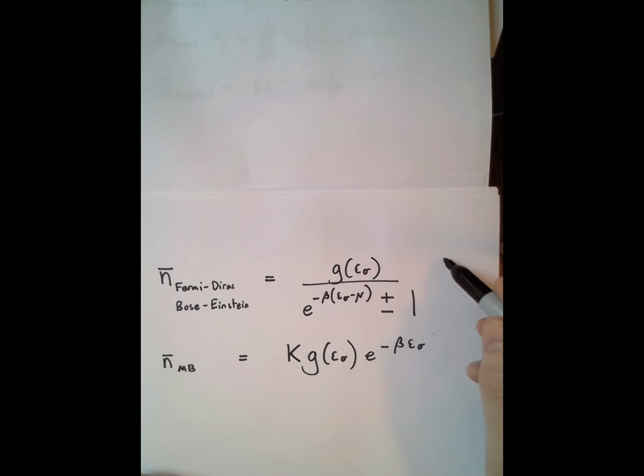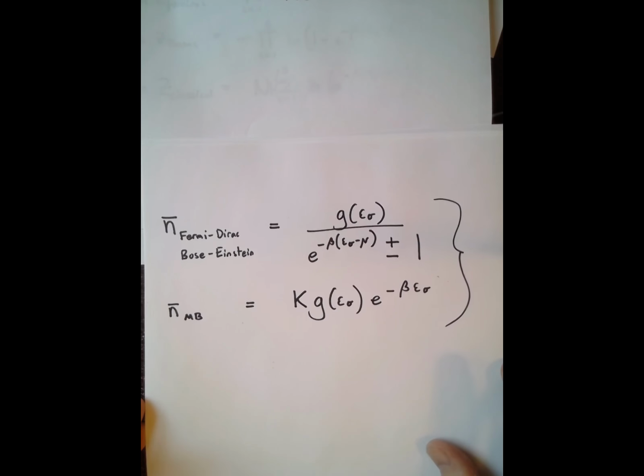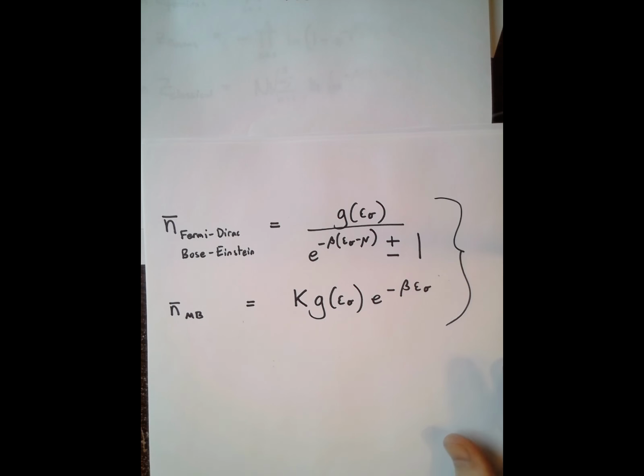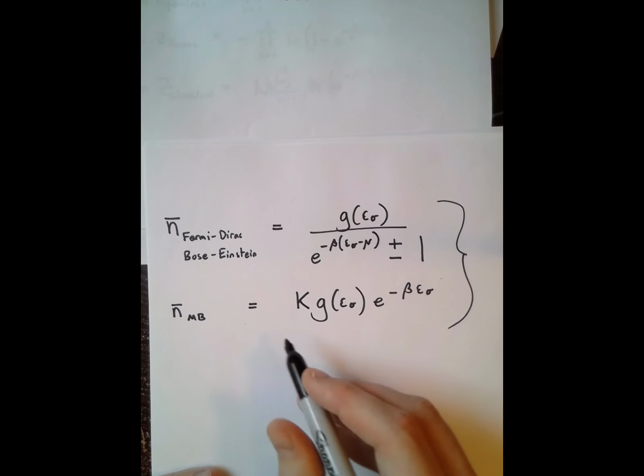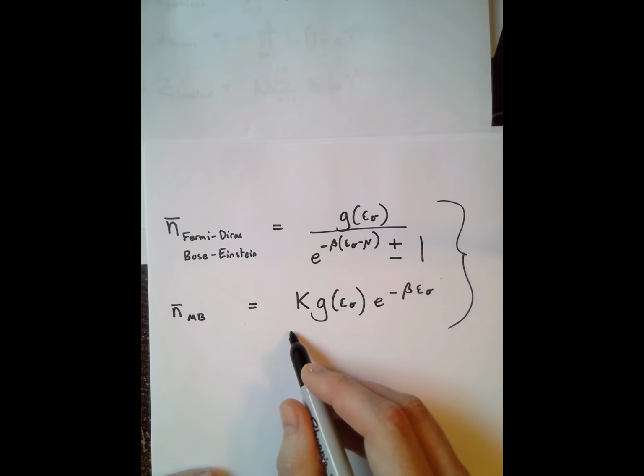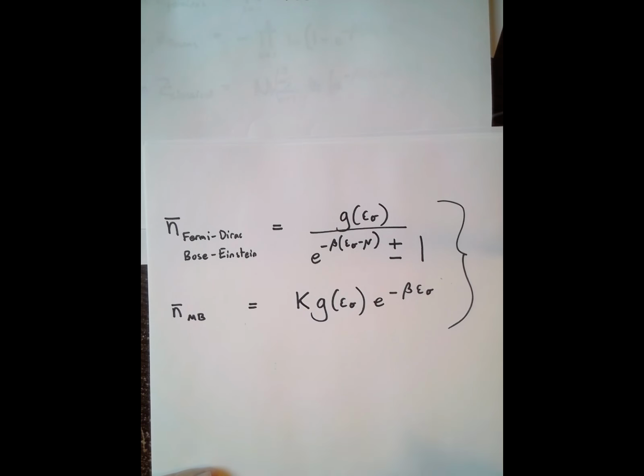And the vast majority of the behavior of macroscopic objects in this world can be derived from these distribution functions. Just one final note. We're usually more familiar with the Maxwell-Boltzmann distribution as a function of velocity, right?